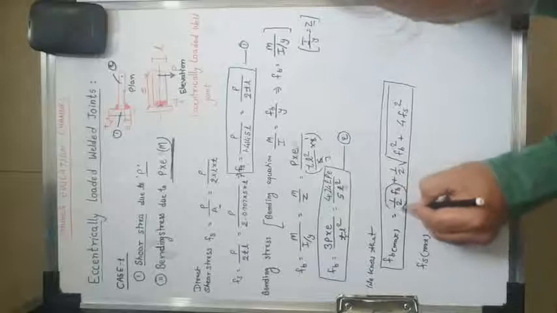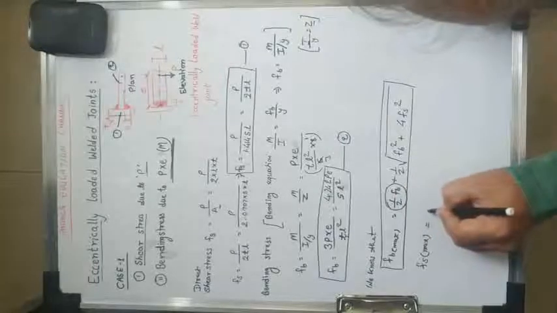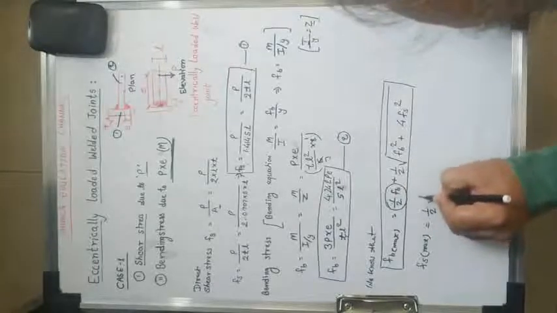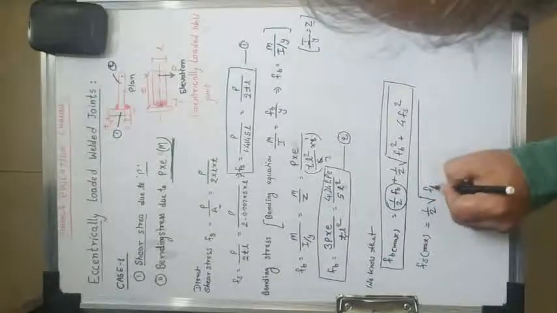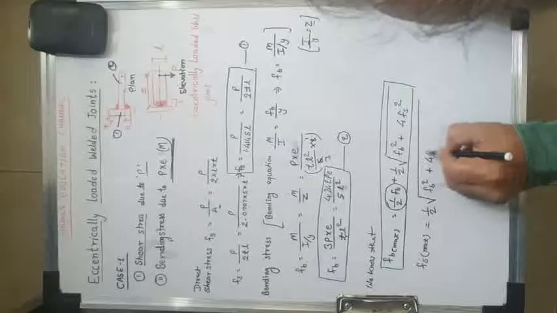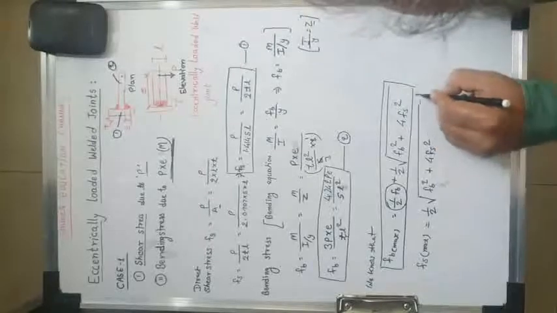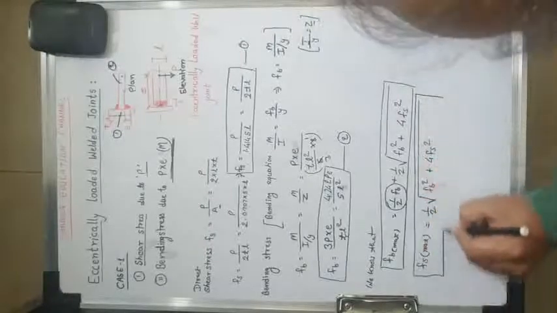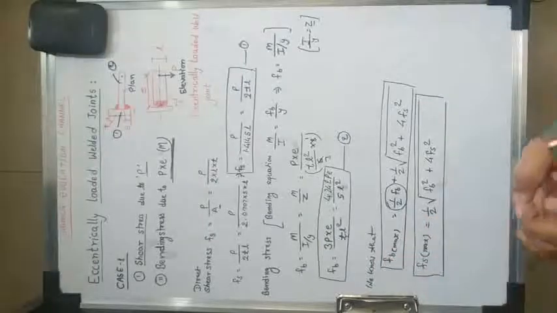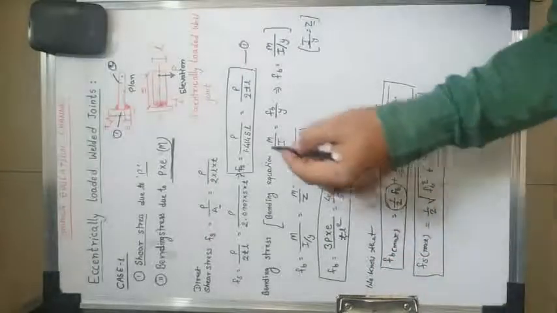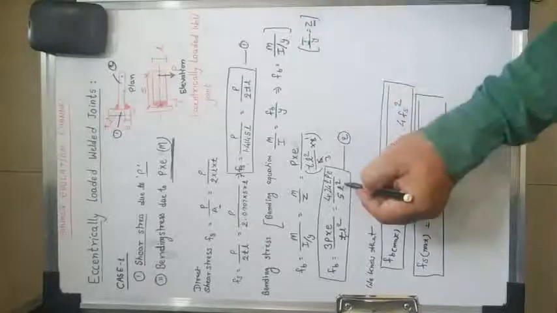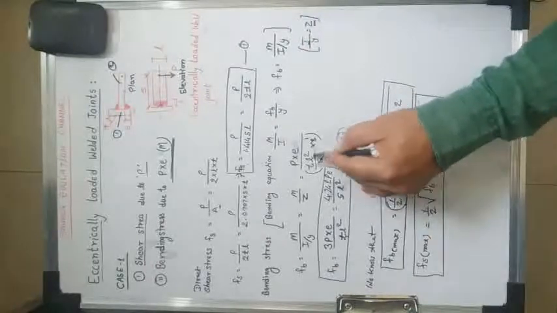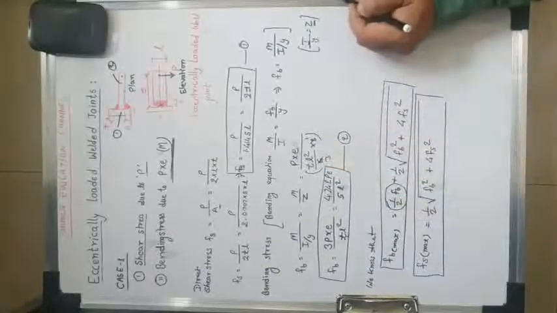Only this term is removed, then it is 1 by 2 root Fb square plus 4 Fs square. This is the formula of maximum stress. Here we have used Z, so the value of Z we have directly put here, TL square upon 6 for one side.